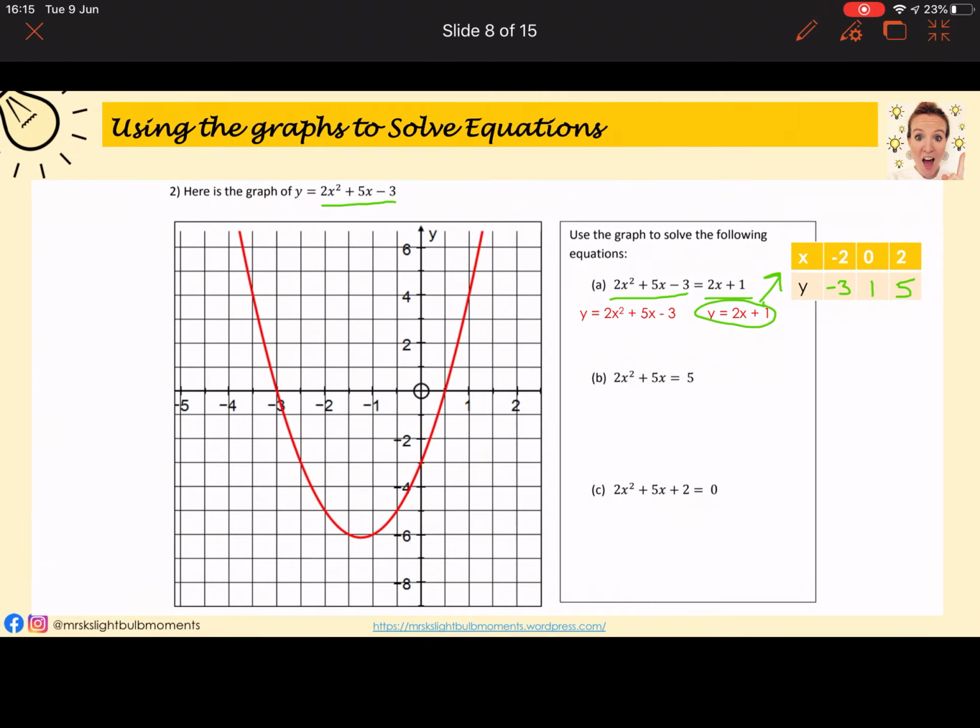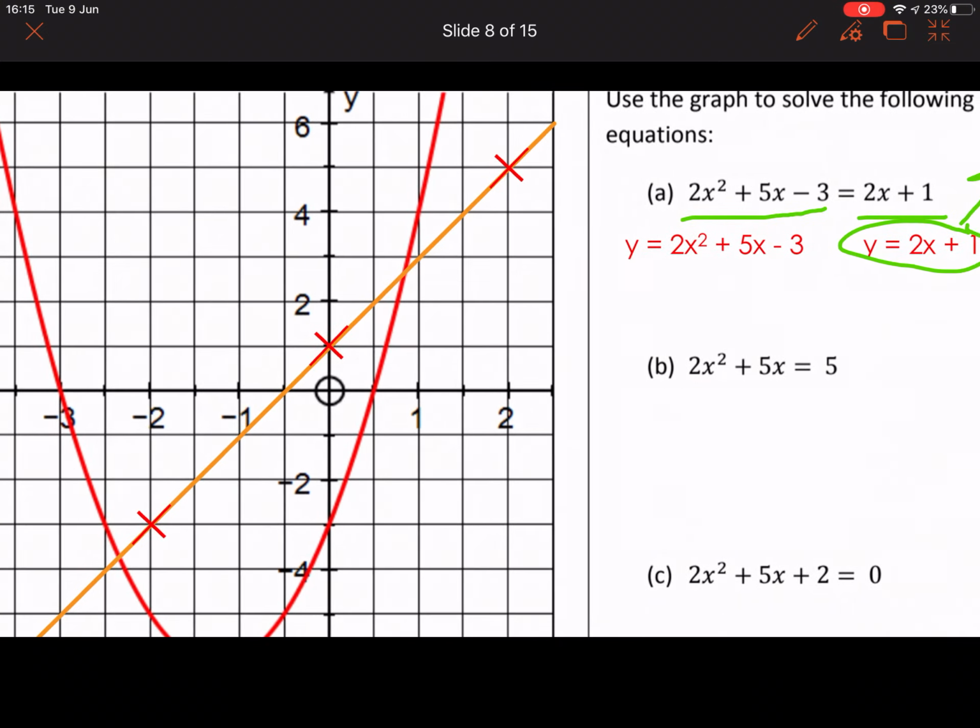So these are the values I should get. If you plot them, you'll see they've come up as crosses on the graph there. Join them up with a nice straight line. We've got our straight line on the right-hand side, our curve on the left-hand side. We work out where they cross, and we write down our solution.